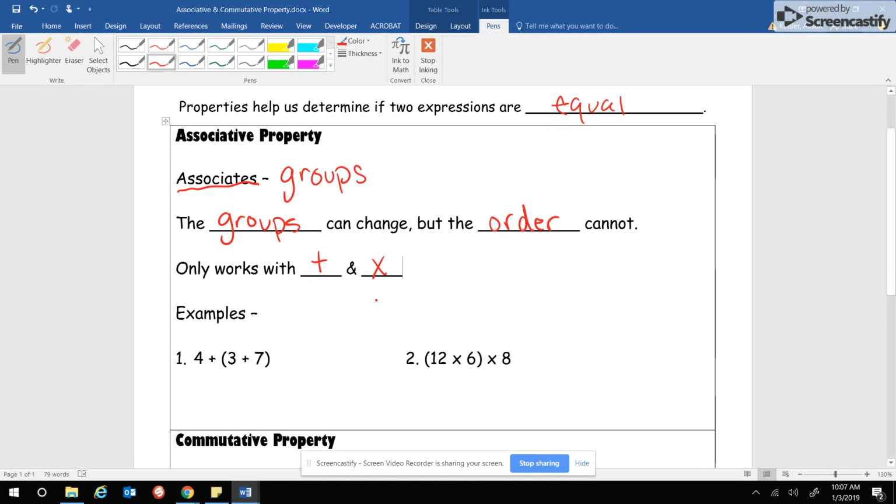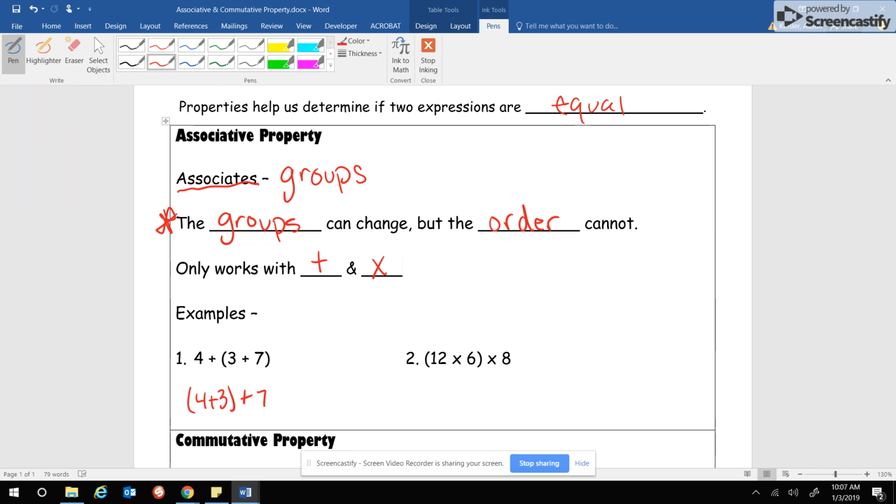The examples are pretty simple. So right here, this first one, I have 4 plus 3 plus 7, and the 3 plus 7 is in parentheses. Well, if I look at what the associative property is, I can change the groups around, but I can't change the order. So an equivalent expression to this would be 4 plus 3, in parentheses, plus 7. I have the same numbers in the exact same order, but my groups have changed.